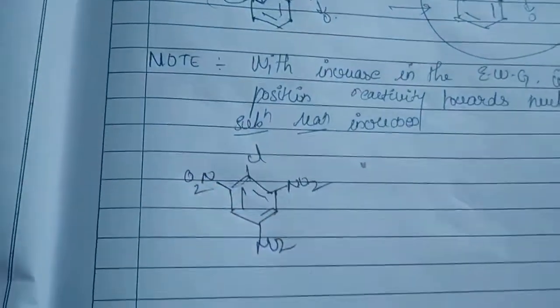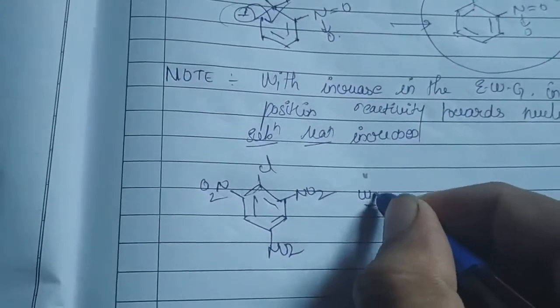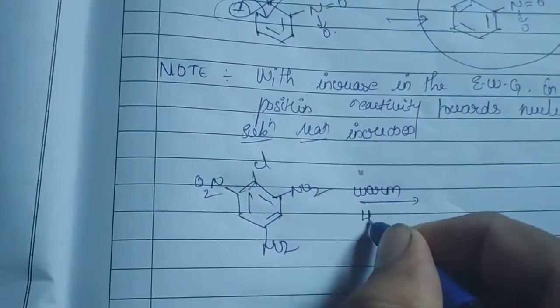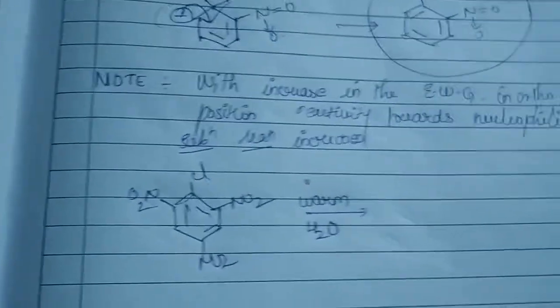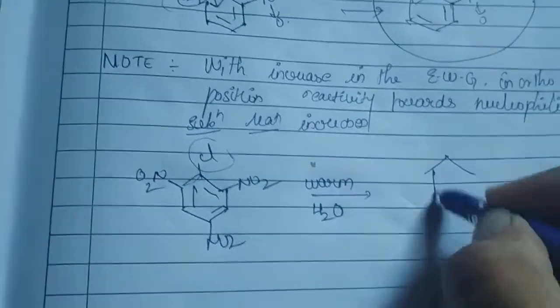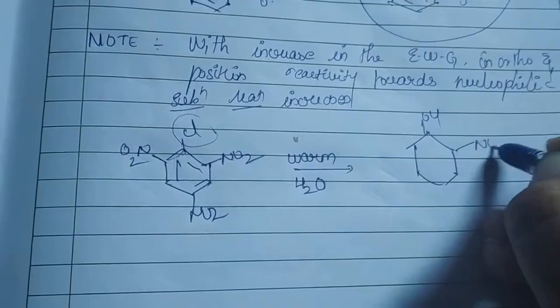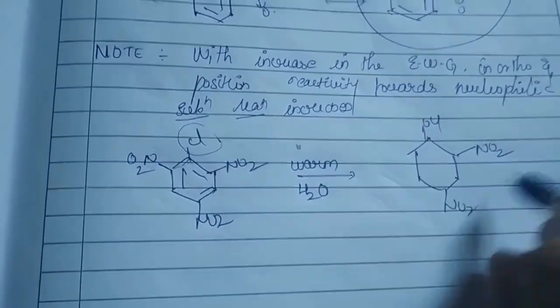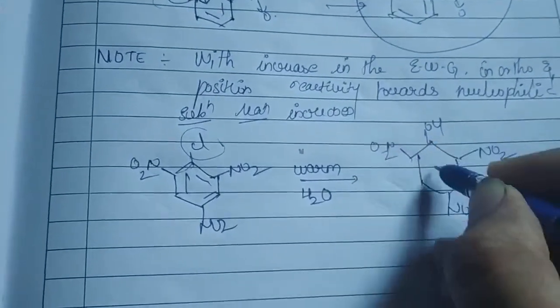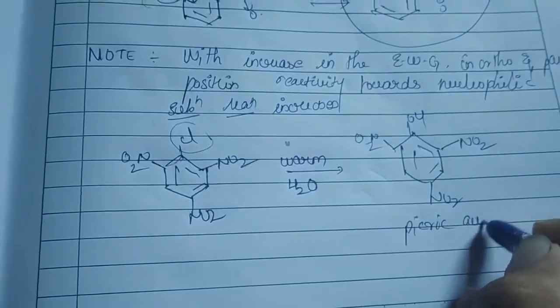But when we are talking about this compound, do remember, just by using somewhat warm water, I can easily make it a nucleophilic substitution reaction. I am going to get this product, where the nucleophile has been substituted. This is called picric acid, 2,4,6 trinitrophenol.